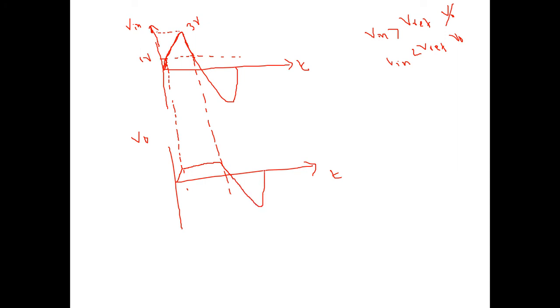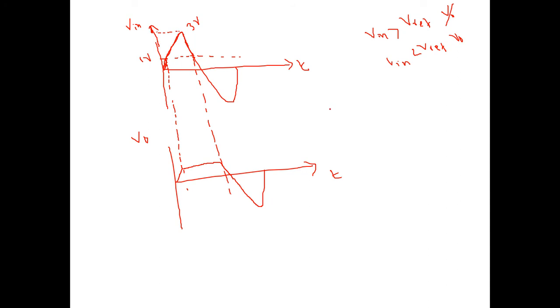So this is how we will get output. Here the positive portion of our input signal is clipped, and we have got the output like this. So this is the positive clipper with positive reference voltage.